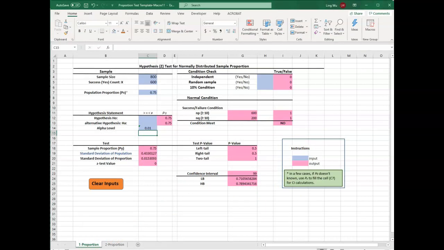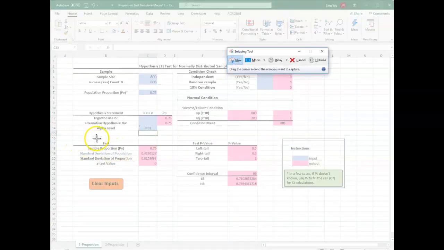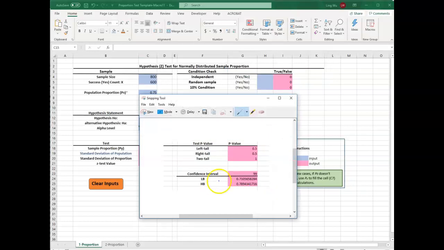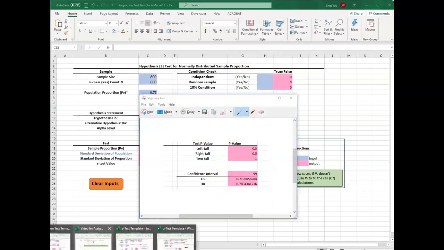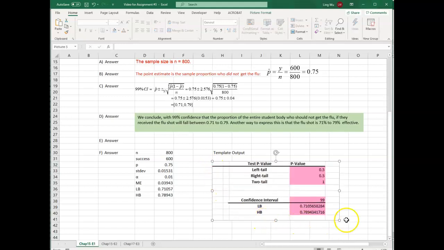You can use the snipping tool and copy and paste. In this case, because we don't have that value required, you can just copy this portion and paste it over here. That gives us the template output for the proportion type of question.